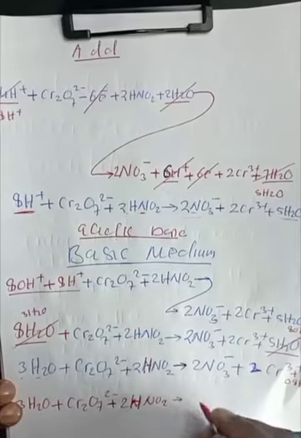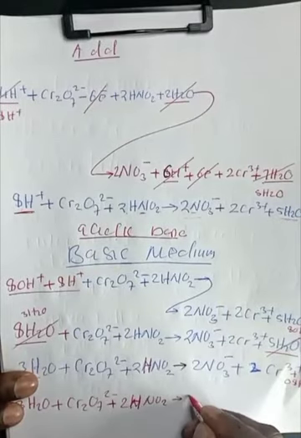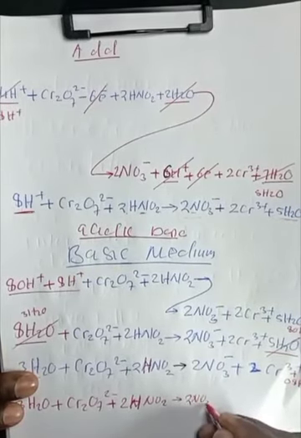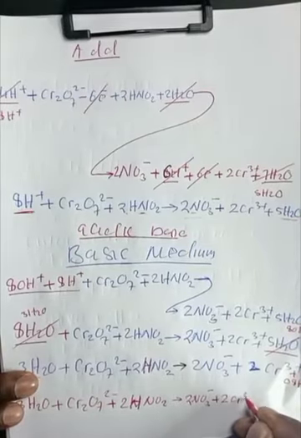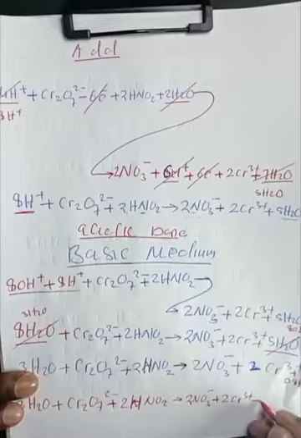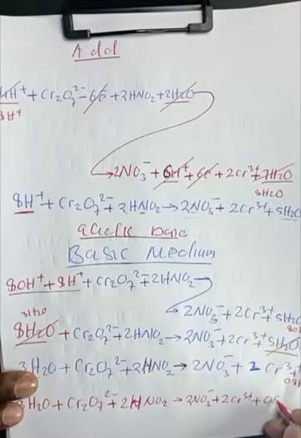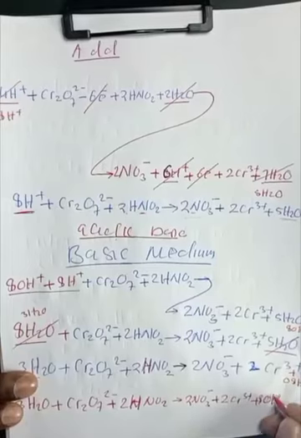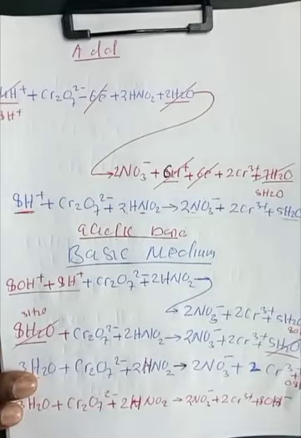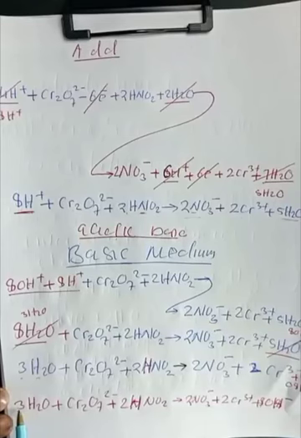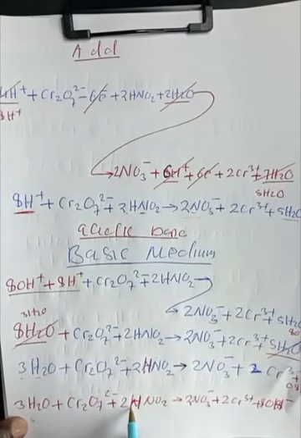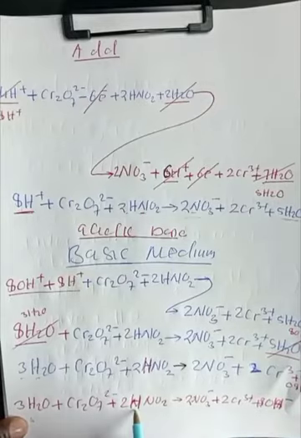We are getting this will be 2NO3 minus, then plus 2Cr3 plus, then plus 8 hydroxide ion. So we have 3 times 2, this is 6, plus 2, 8 oxygen here. 8 hydrogens. Here also 8.